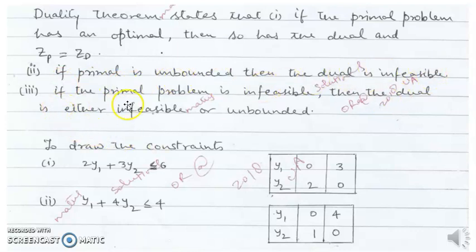And if the primal problem is infeasible, then the dual is either infeasible or unbounded. These statements may help us decide the solution of the dual.